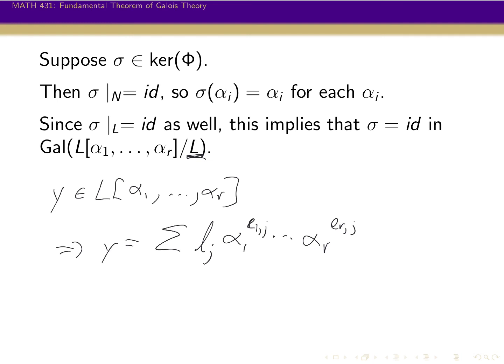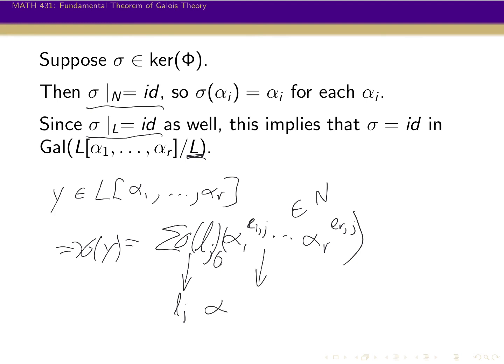Well, if we apply sigma to this, we'd just be applying sigma to each of these pieces. Well, that's going to go back to our element of L because sigma doesn't change anything in L. And then this part right here is an element of N. And so since on elements of N it's the identity, it's going to give us back the same thing as well. And let's write it the right way.